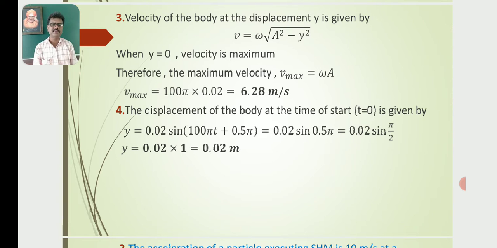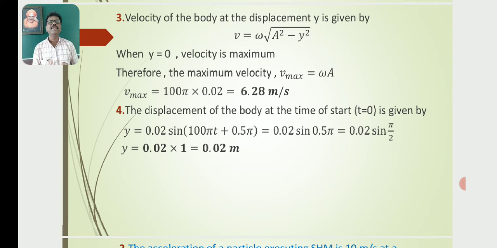Therefore, the maximum velocity V maximum is equal to omega A. In the above expression, put y is equal to 0, then that term becomes 0, so v is equal to omega root of A square, and removing the square root we get V maximum is equal to omega A. Then V maximum is equal to 100 pi into 0.02, which is equal to 6.28 meter per second, the maximum velocity possessed by an oscillating body at its mean position.